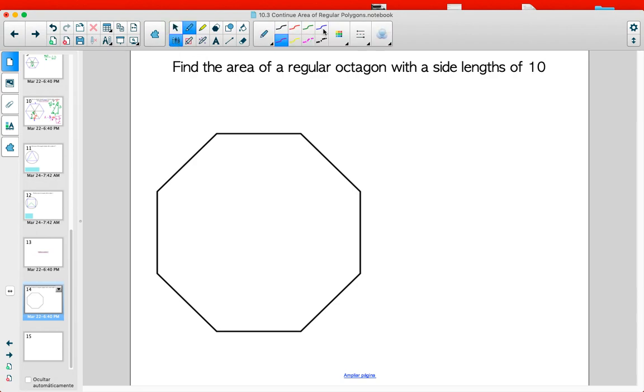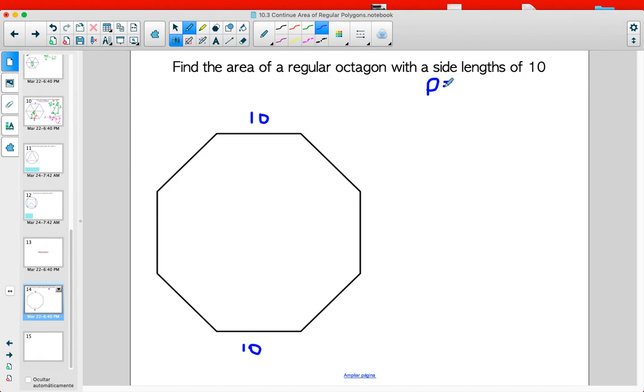So we know that the side length is 10. So 10 all the way around. Octagon, like an octopus, has 8 sides. So it's going to be 10, 10, 10, 10. So we can already find the perimeter. Let's fill in what we know.